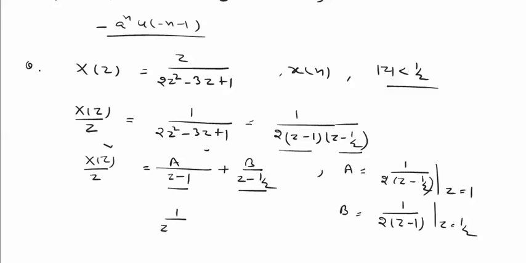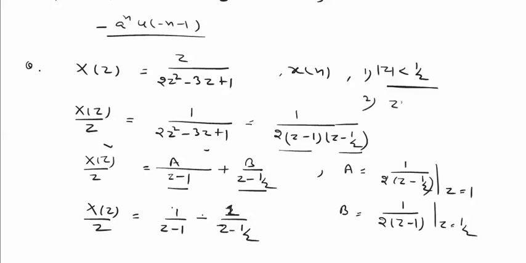So 1 upon z minus 1, minus 1 upon z minus half. Here X(z) by z. In question number 1 we have ROC less than half.